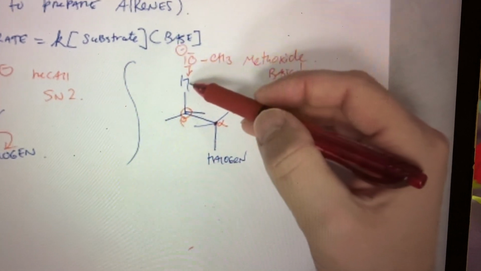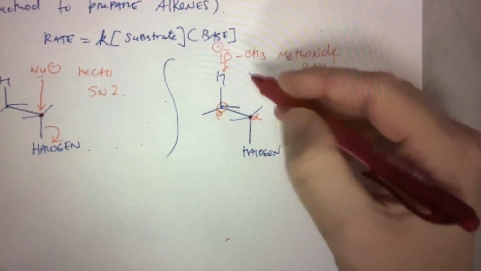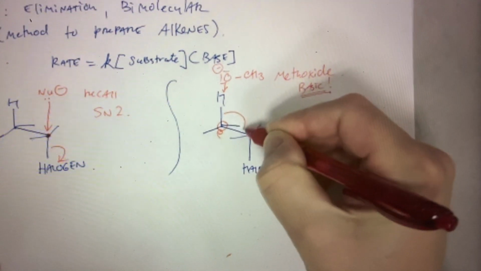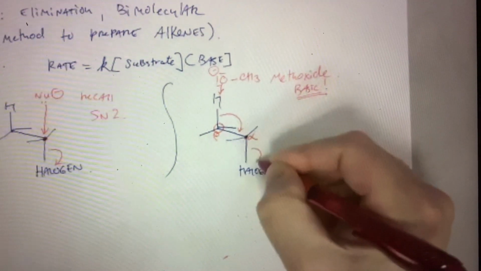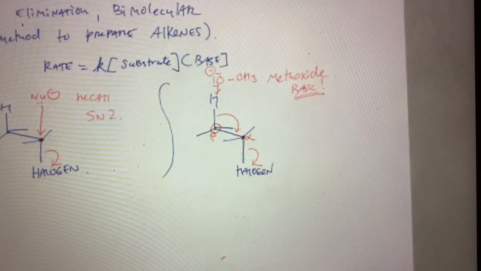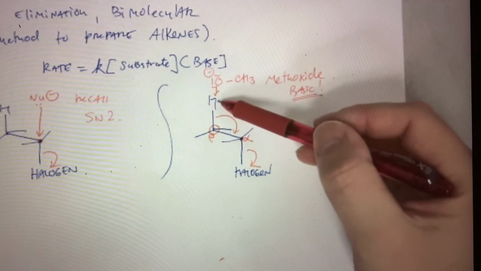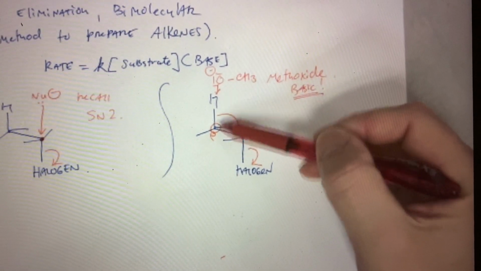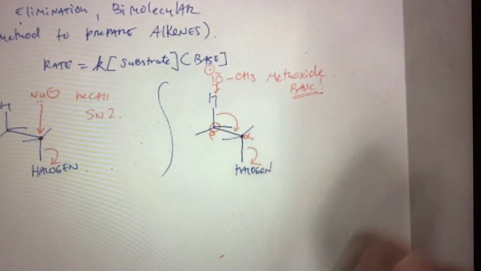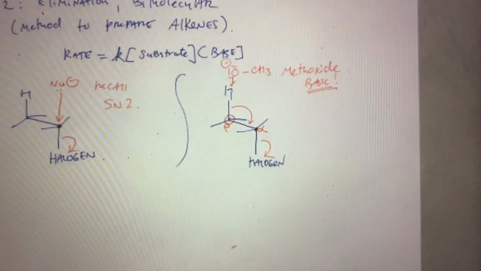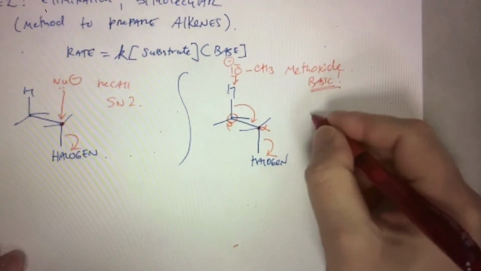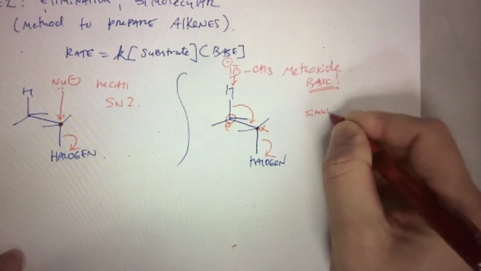This proton becomes slightly acidic, and even more so by this close proximity to a leaving group. Okay? So the mechanism is different. We're going to break a bond, make a bond, break a bond, make a bond, and break a bond. And all four of those things happen at the same time. This is a simultaneous process.